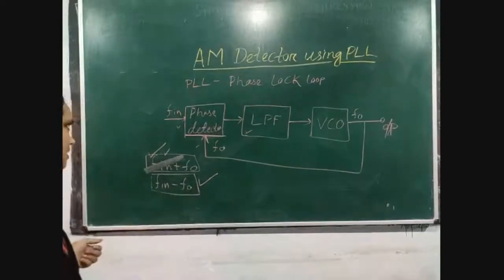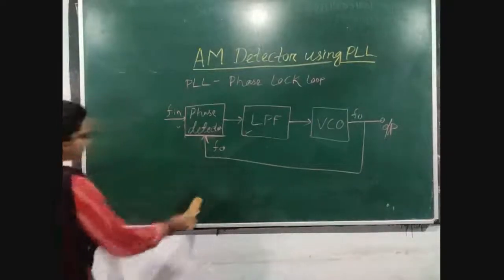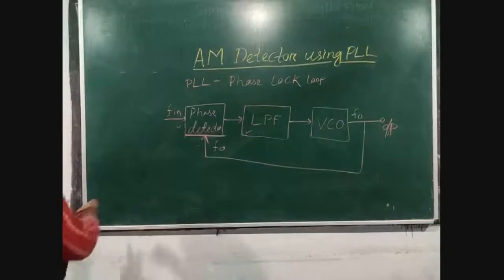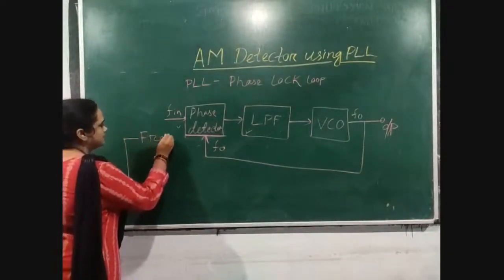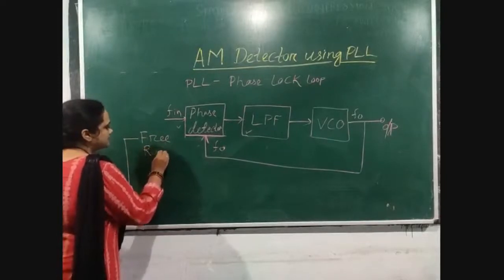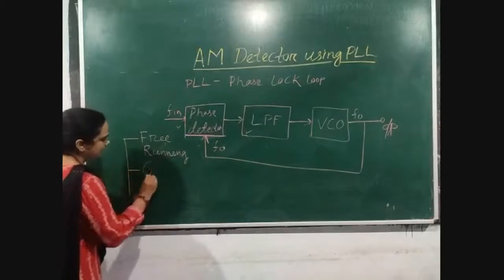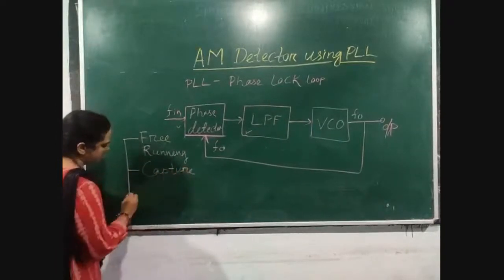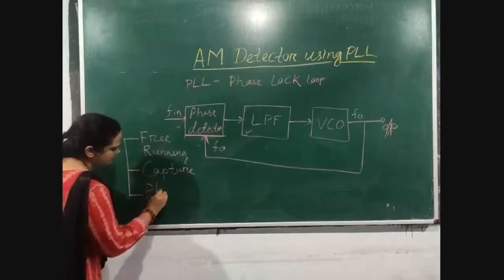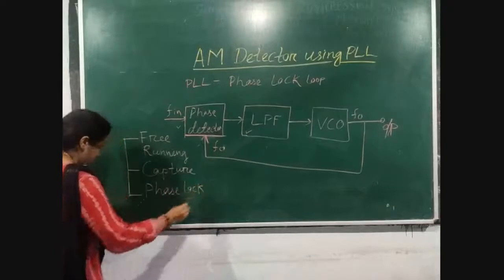So the PLL operates in 3 states. What are they? Free running state, then capture state, last one is the phase lock state.